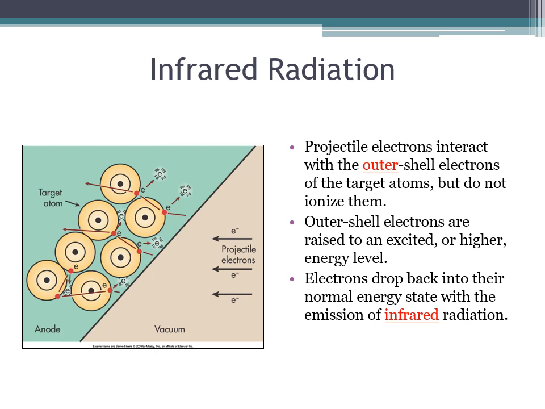The projectile electrons interact with the outer shell electrons of the target atoms but do not ionize them, meaning they do not knock out an electron. The outer shell electrons are raised to an excited or higher energy level. The electrons drop back down to their normal energy state with the emission of infrared radiation. So it's just a matter of having heat coming from the anode.